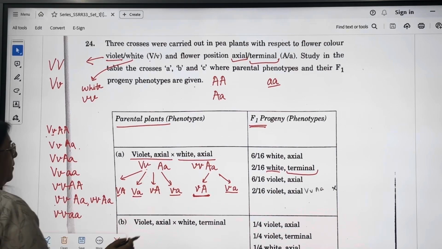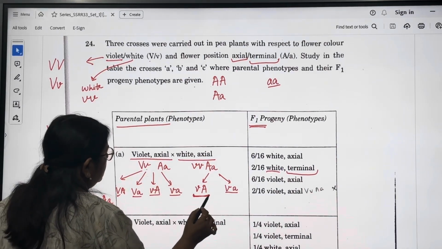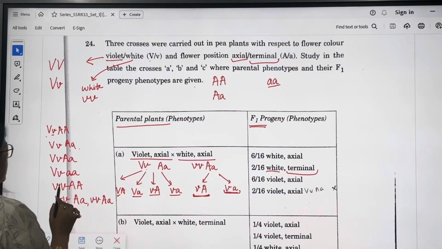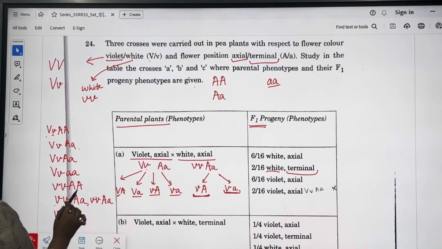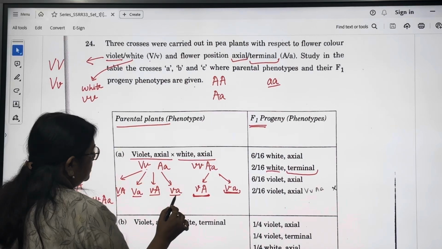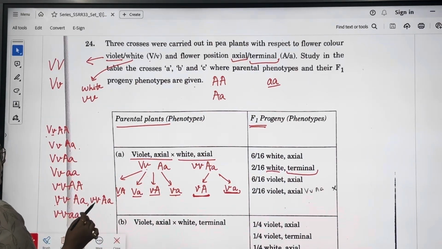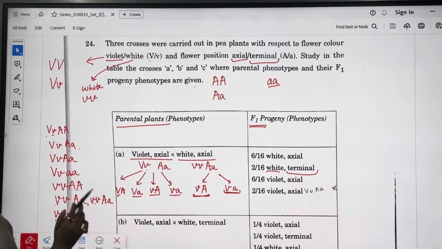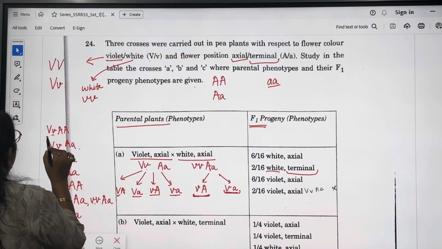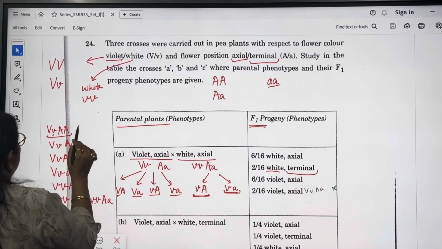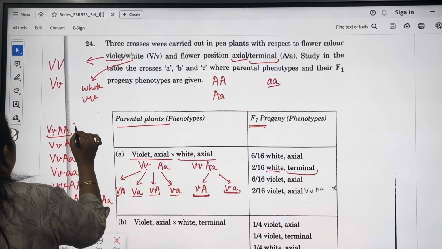Small v capital A with these two gives small v small v capital A capital A and small v small v capital A small a. And the last with these two gives small v small v capital A small a, and small v small v small a small a.